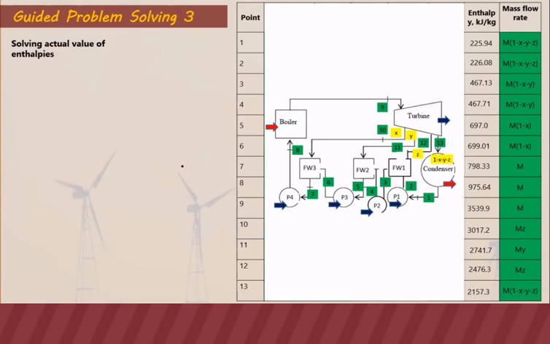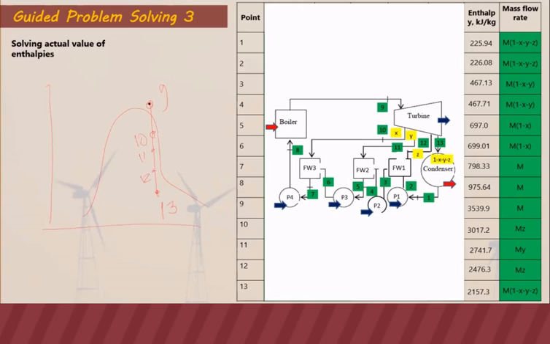Because in the actual process, it will be different from the ideal, because it will look like this. Instead of having this isentropic process from point 9 to point 13, we have point 9, 10, 11, 12, and 13.